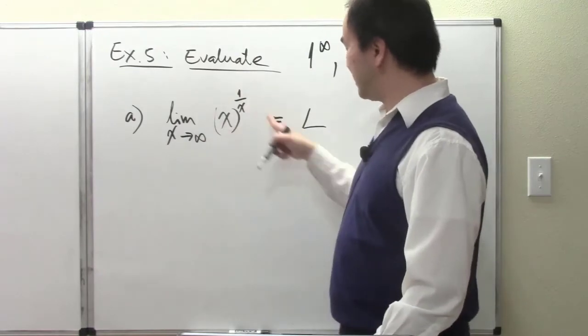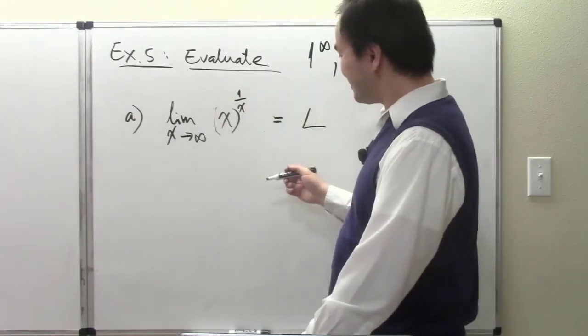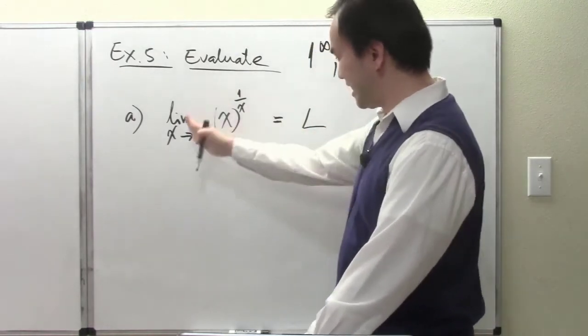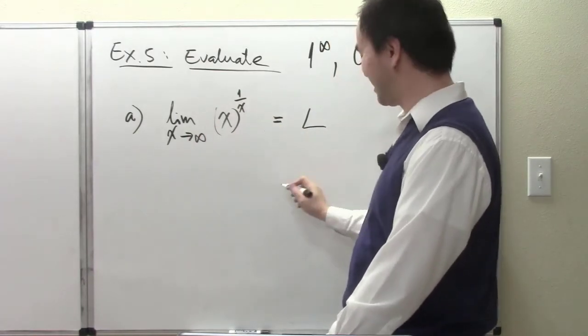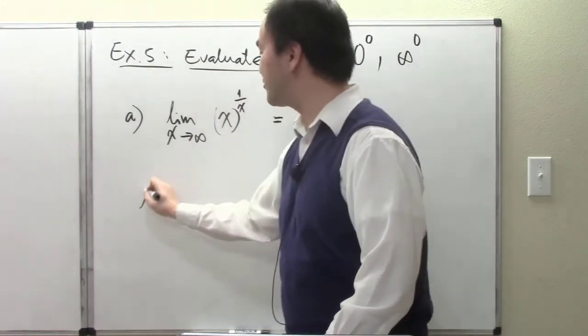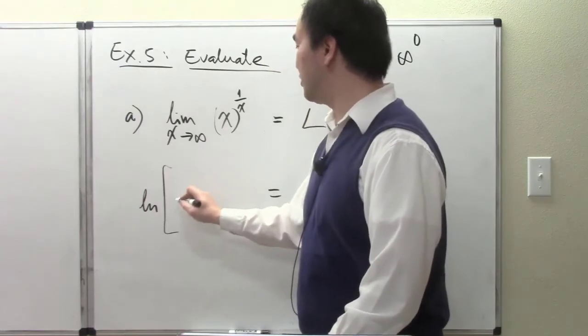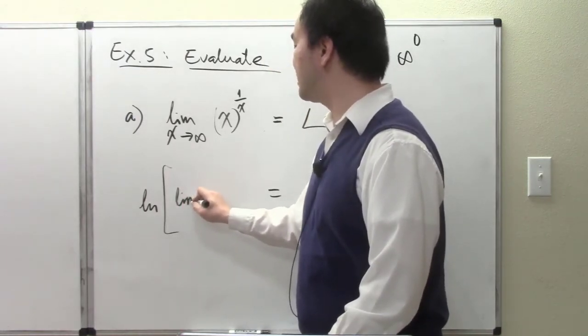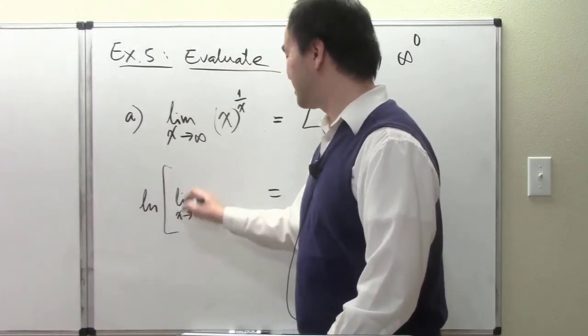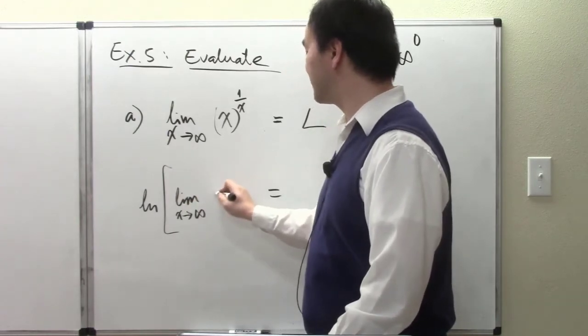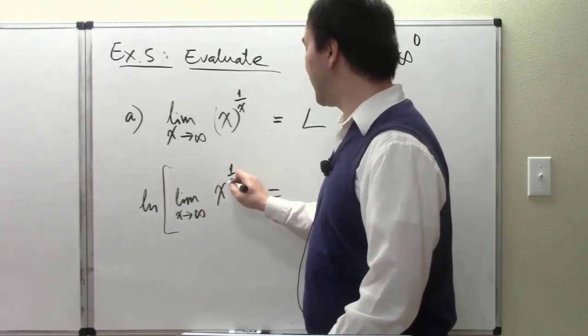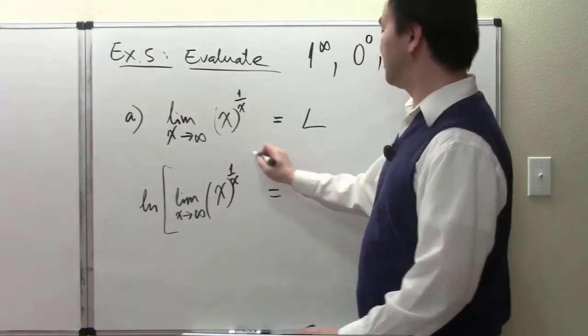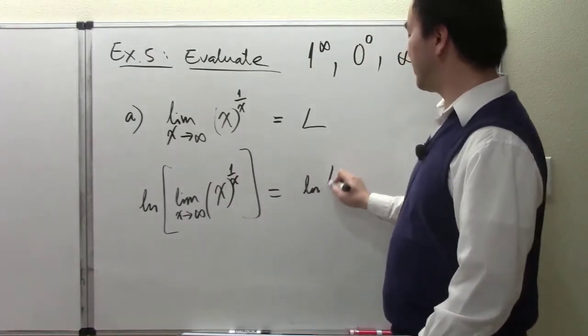If the limit goes to L, then seeing this as an equation, I am going to take the natural log of the left-hand side, which is the natural log of the limit of x to the 1 over x. On the right-hand side is the natural log of L.